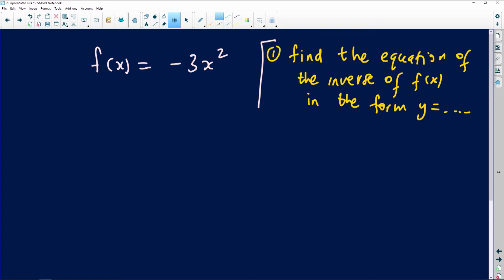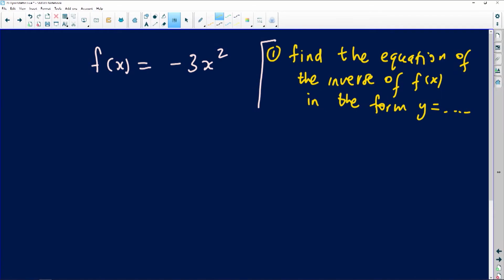The whole notation of f of x or g of x or h of x is only reserved for functions. So you can't use it when you are discussing something that is not a function. It's wrong. That is why examiners want you to write it in a form y equals to whatever, because they know that the inverse graph might not be a function.